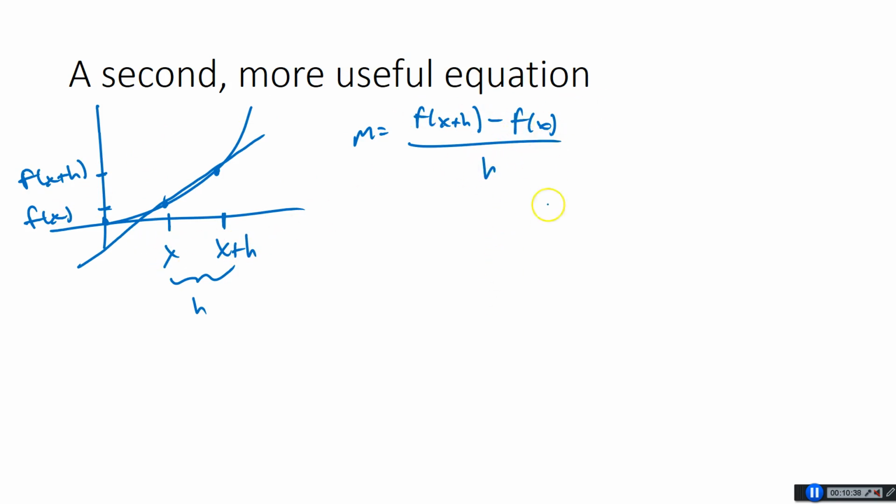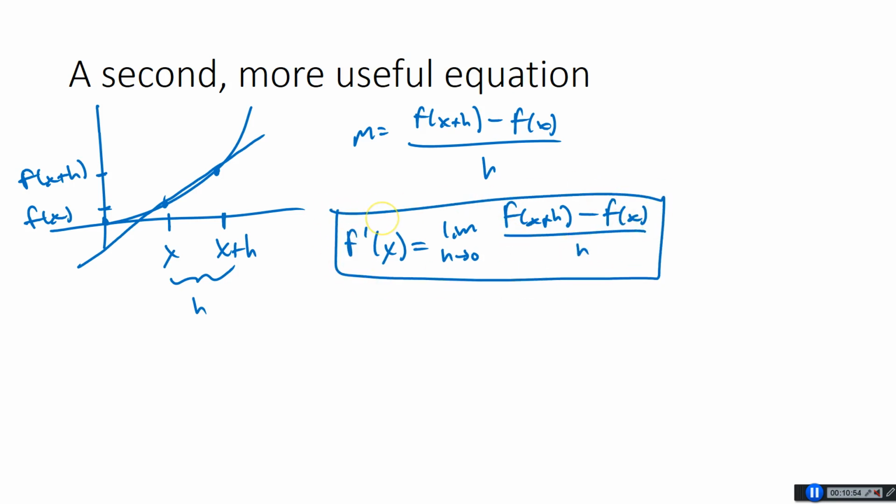So change in y over change in x. And the derivative, f prime of x, is going to be the limit as h approaches 0 of f of x plus h minus f of x divided by h. That is the fancy formula for derivatives.